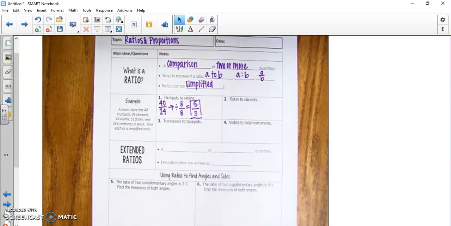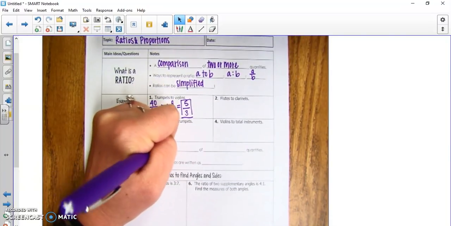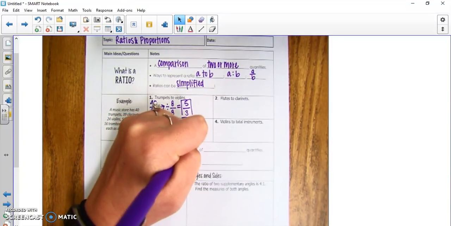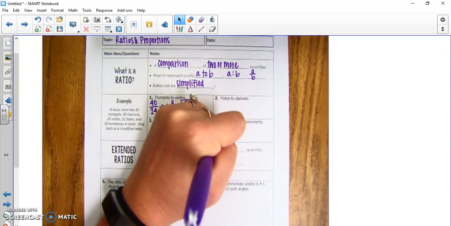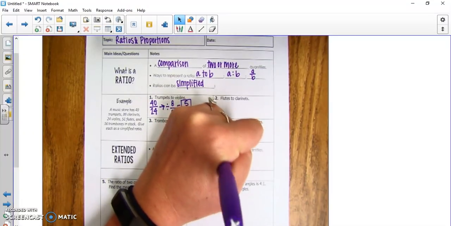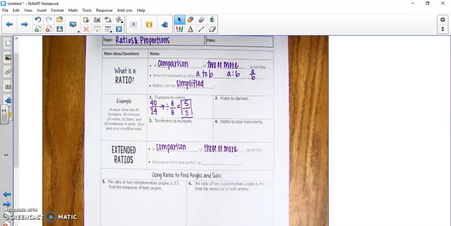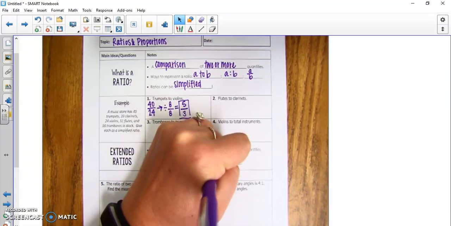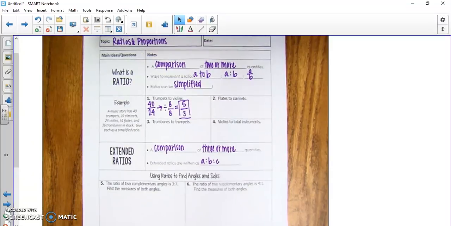So when we have extended ratios, this is going to be a comparison of 3 or more quantities. When we write extended ratios, that's going to look like this. We're going to have A to B, and then our extended ratio will have a C at the end.